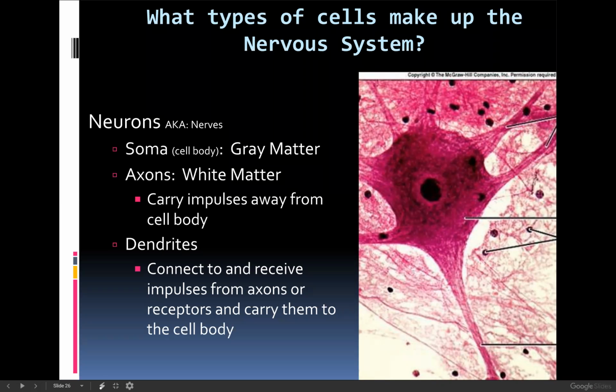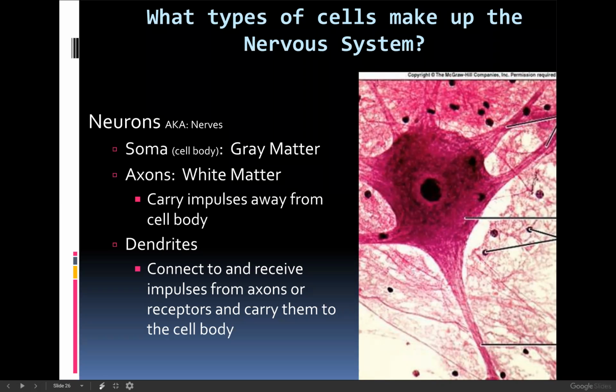The axons carry impulses away from the cell body. Those are usually myelinated, and because they're myelinated, they appear white in color. And that forms the white matter of the brain or the spinal cord. Then there are dendrites. They're a little bit shorter than the axons, and they receive the impulses.